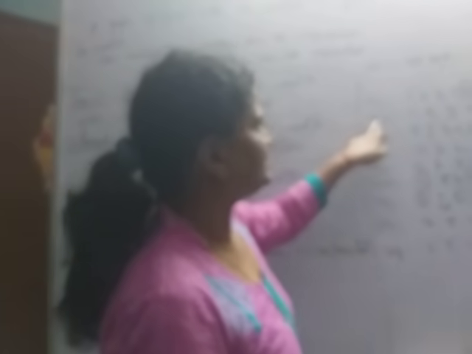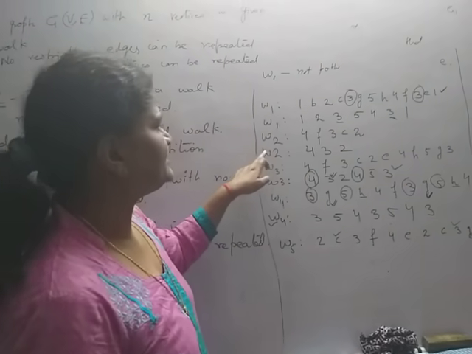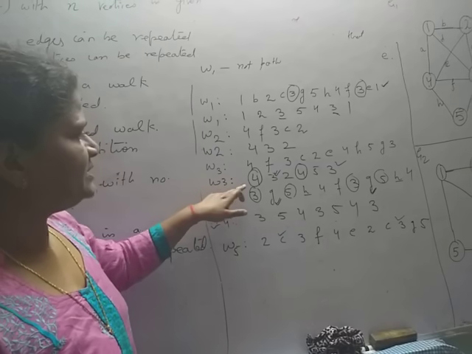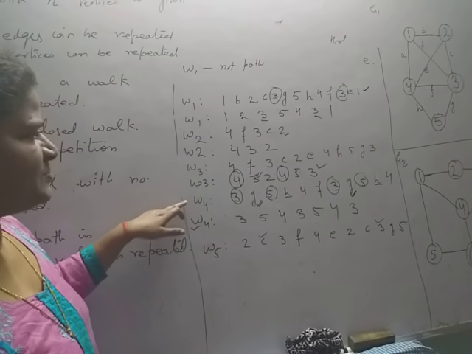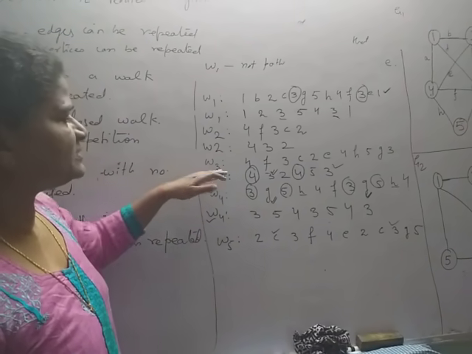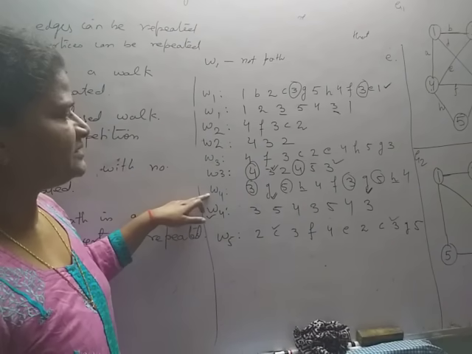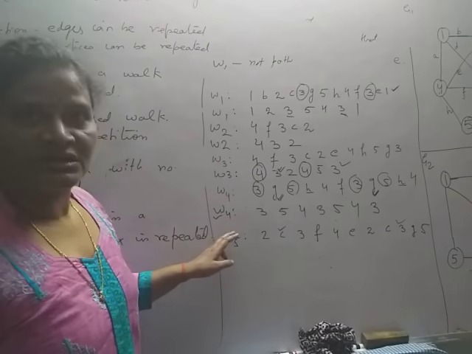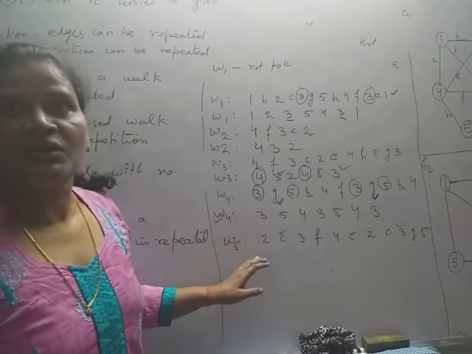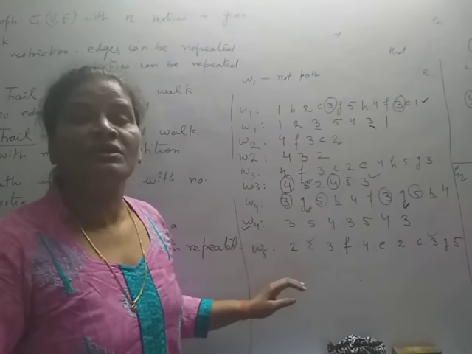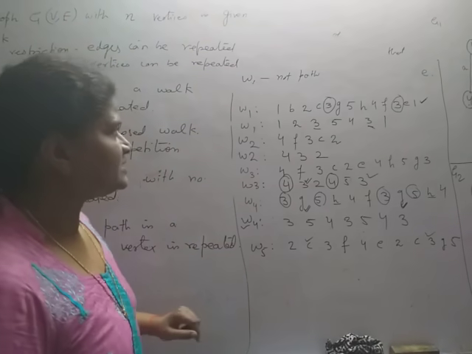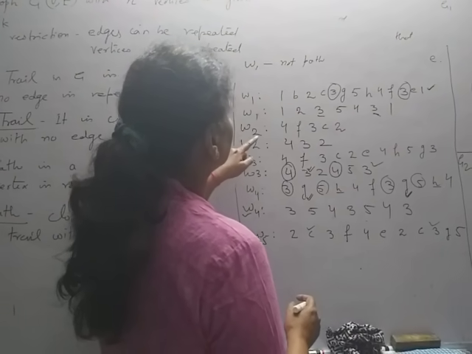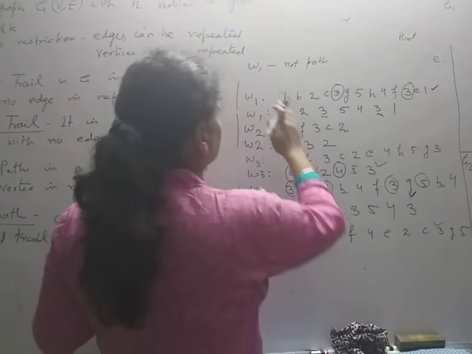So here W1 is not a path, W2 is not a closed path, W3 is also not a closed path, and W3 is not even a path. W4 is also not a path, and if W5 is not a trail, then it is not a path, because we are adding one more restriction to trail. If we consider a closed path, we write it this way.